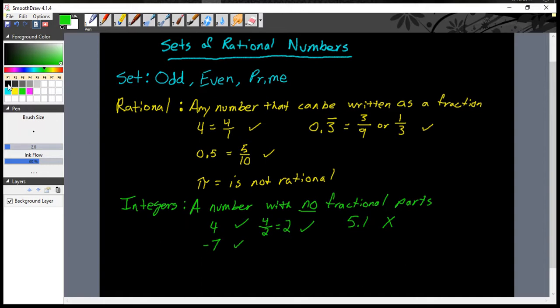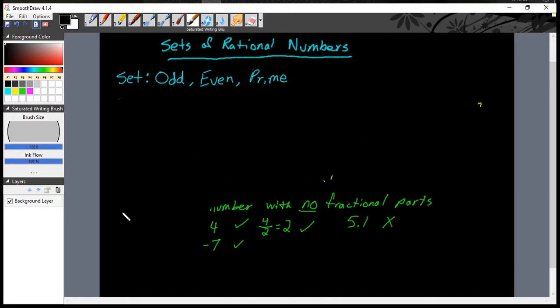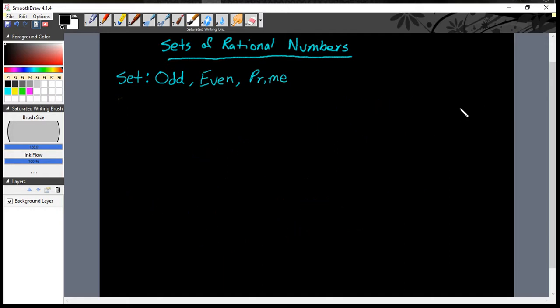Our next group, slightly smaller, is whole numbers.